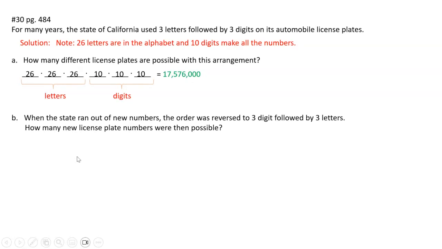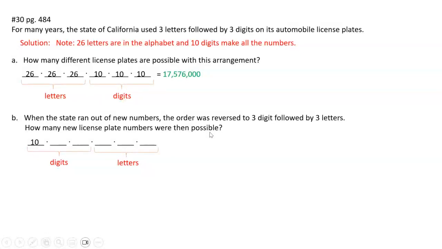When the state ran out of new numbers, the order was reversed to 3 digits followed by 3 letters. How many new license plate numbers were then possible? Right, so they reverse it, right? So the first 3 are digits, and the second 3 are letters. If you notice, guys, it doesn't really matter because there's no restriction.